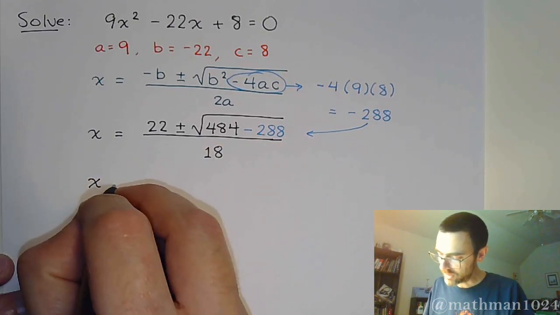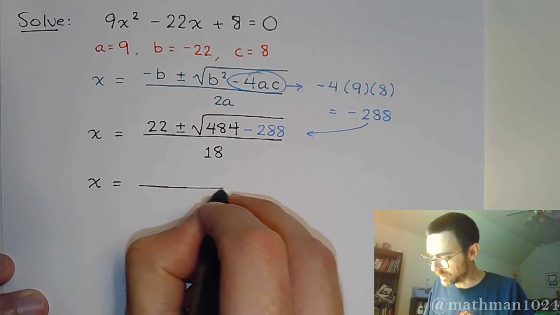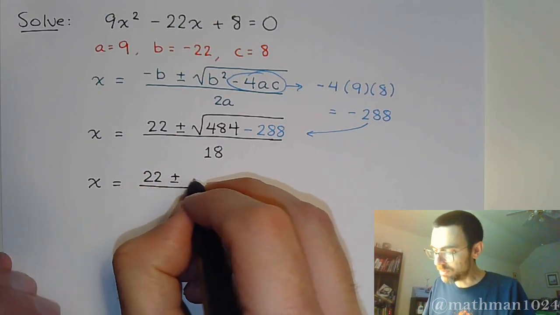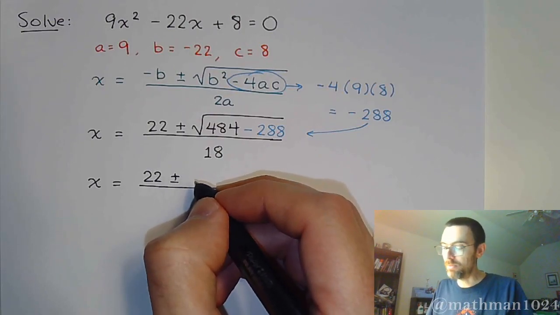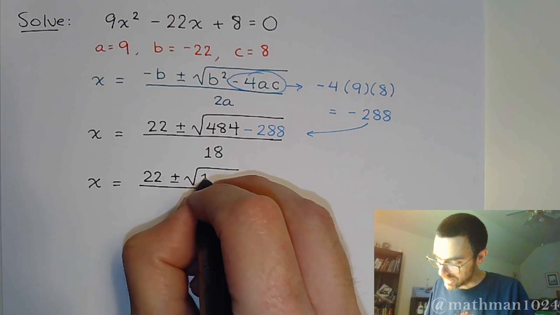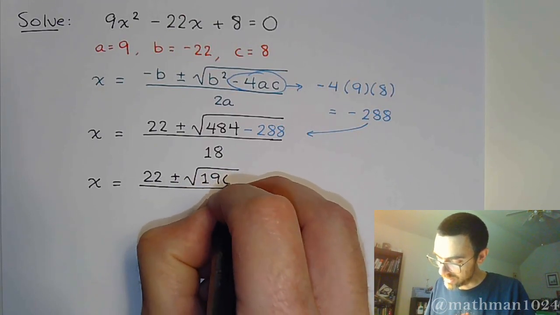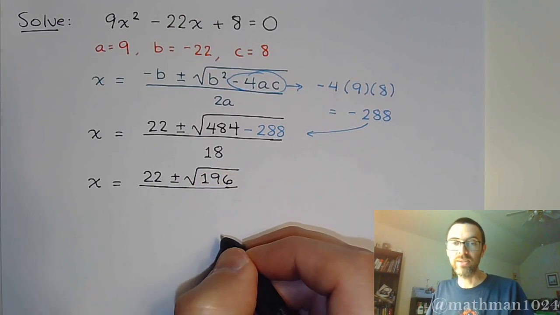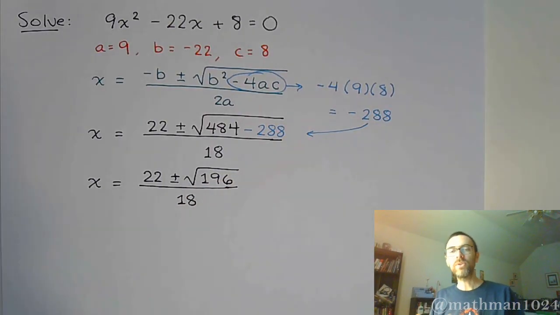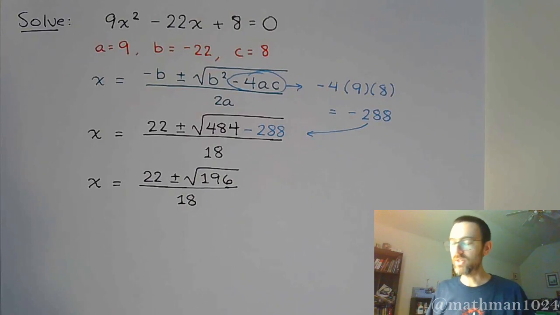Why did I do this? What am I doing? X equals 22 plus or minus, let's see, 484 minus 288, 196. And if students even get this far, this is where they just say, you know what, that's got to be good enough.